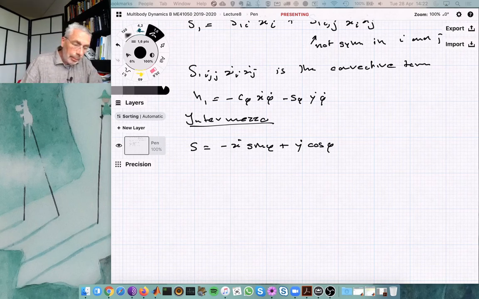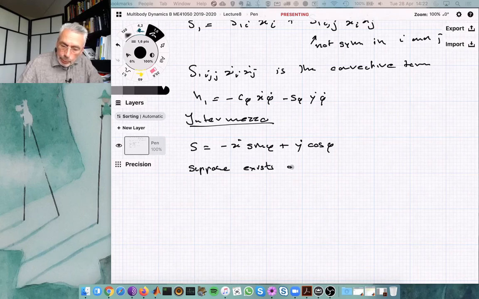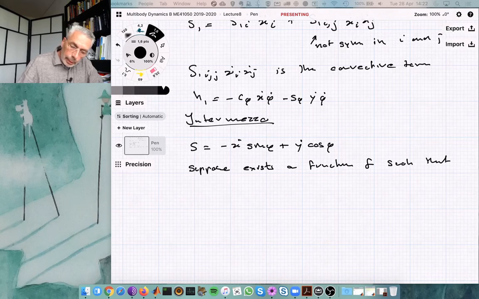Okay, so let's suppose there exists a function f such that, and then we should say f of xi, such that if I do f dot, I get s.